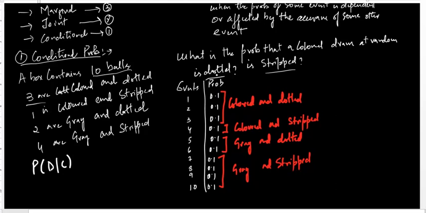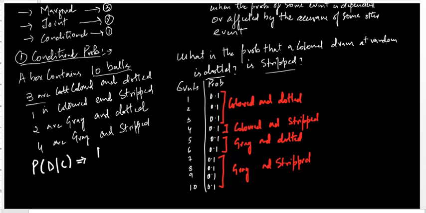Because this is a conditional probability, the dotted ball has to be selected among the colored balls, so I have to take only the colored balls. I have to calculate the probability of only the dotted balls given they are colored.